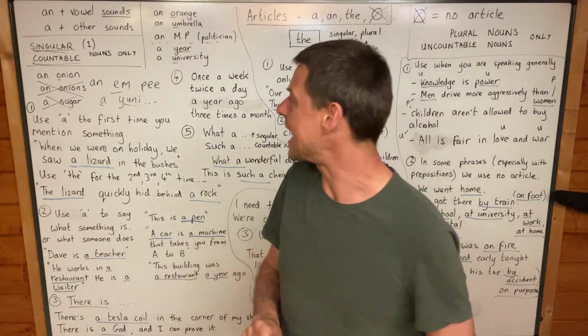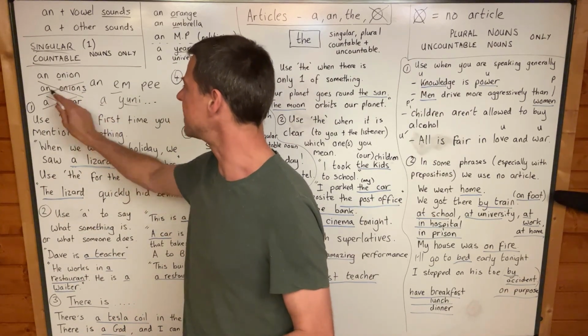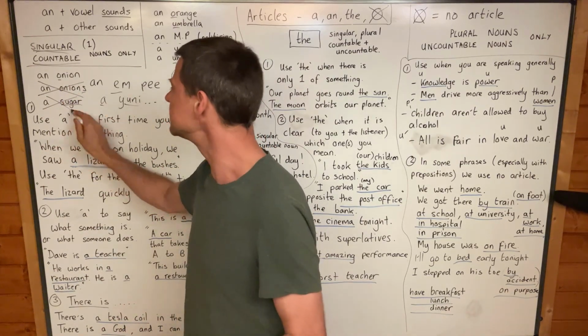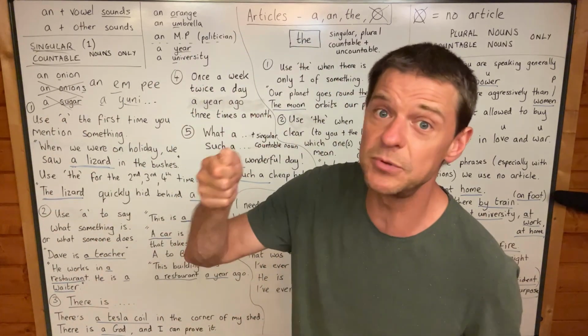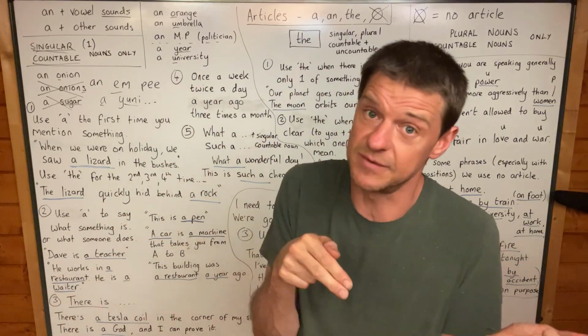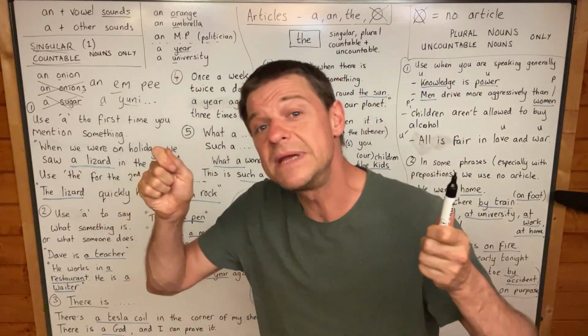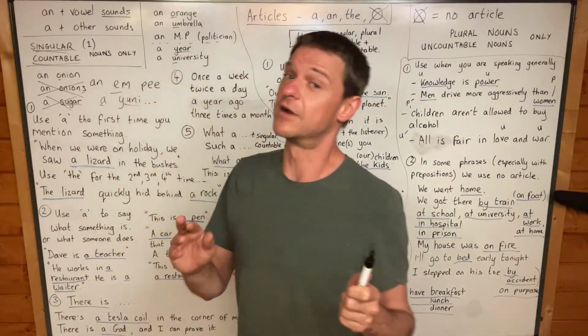You can't say a sugar. You can't say an onions. That's plural, so that's impossible. That's uncountable, so that's impossible. You can say a spoon of sugar, and I suppose you can say I would like a sugar in my coffee, because you mean a spoon of sugar. But usually we can't say a sugar.